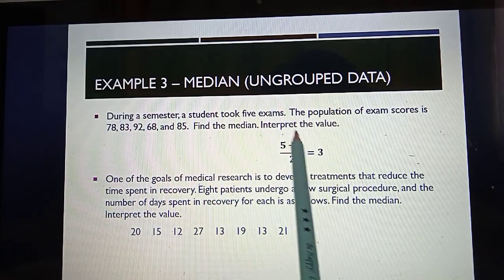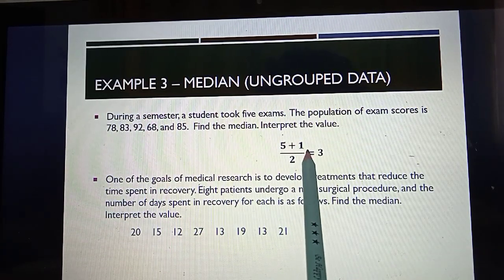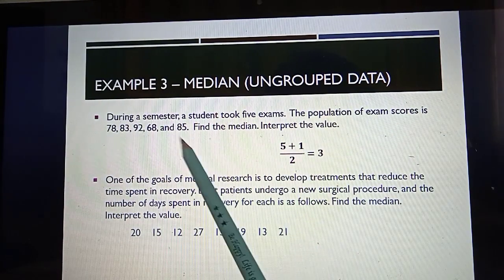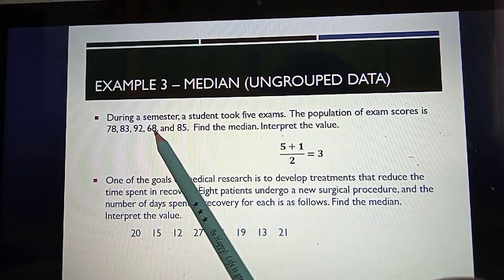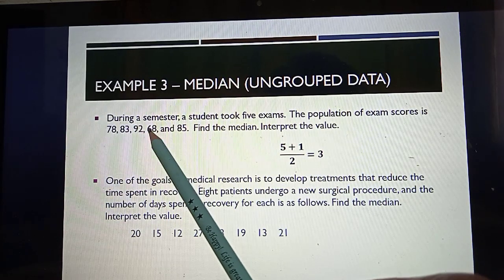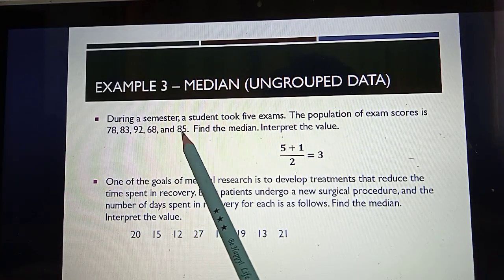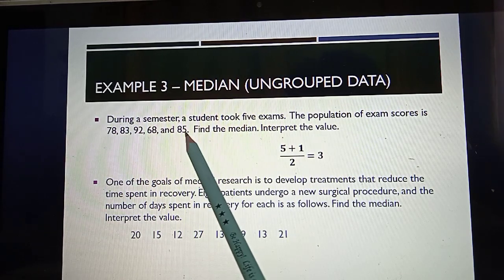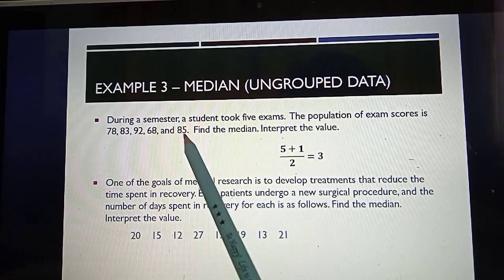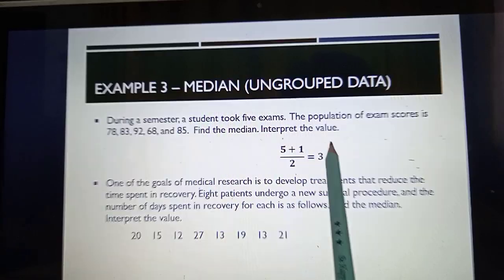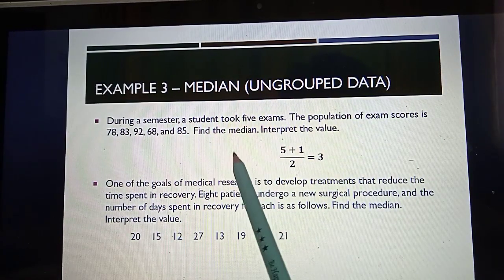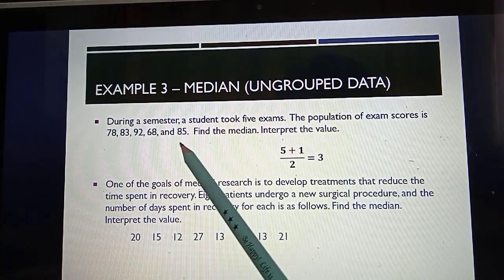So the third data will be the median. So the median here is 85. Okay, 85 will be the median. Number 3 means the position in the sequence of the ascending data.